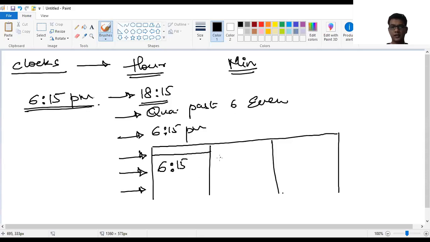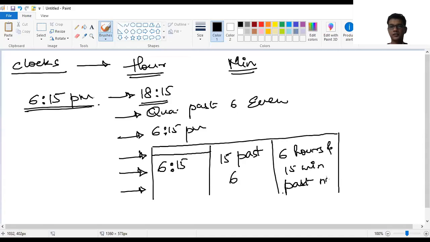Another is when I say 15 minutes past 6 or quarter past 6. That's also one of the ways of telling the time. And the other way, which is very rarely used in this kind of scenario, is 6 hours and 15 minutes past noon.